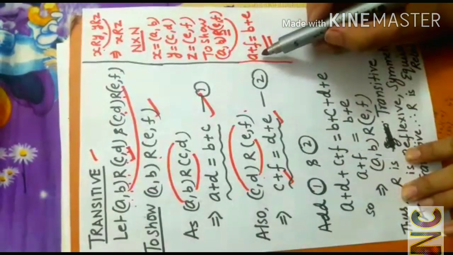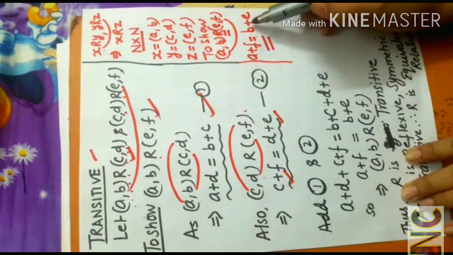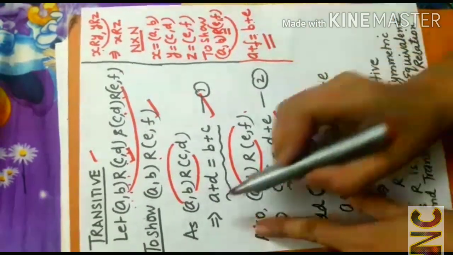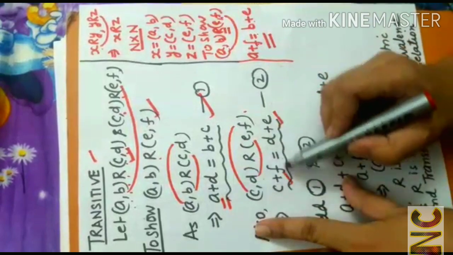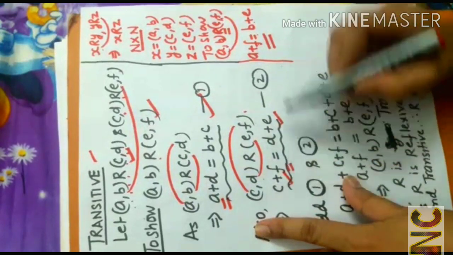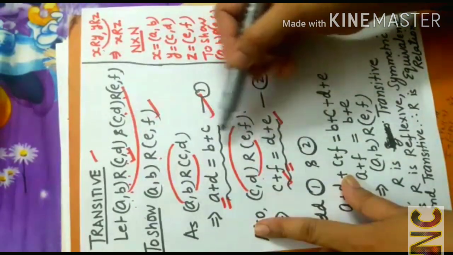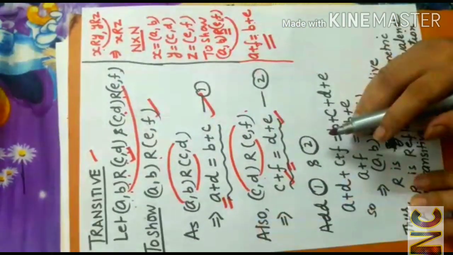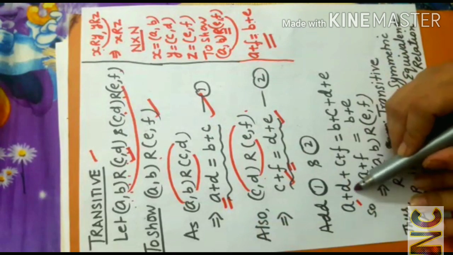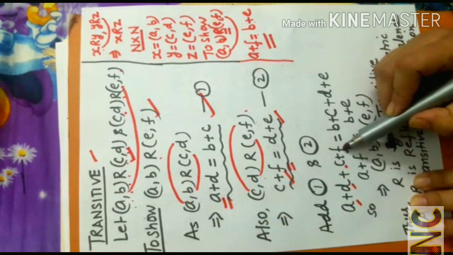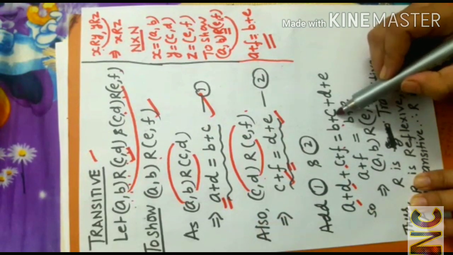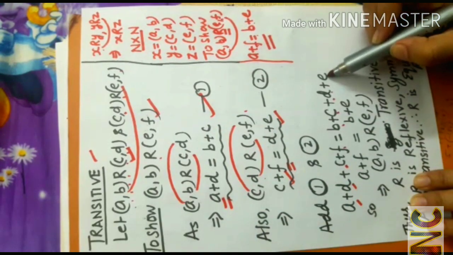Now I wanted to show that a plus f is equal to b plus e. Here we have a, here we have f. I want a plus f. So what I'll do, I'll add these two equations. On adding, I get a plus d plus c plus f is equal to b plus c plus d plus e.